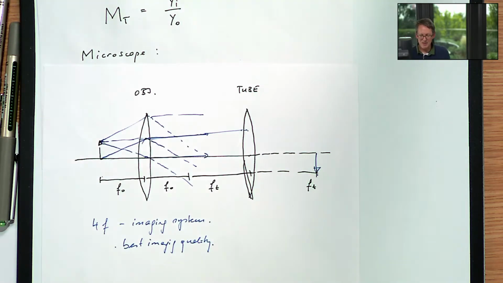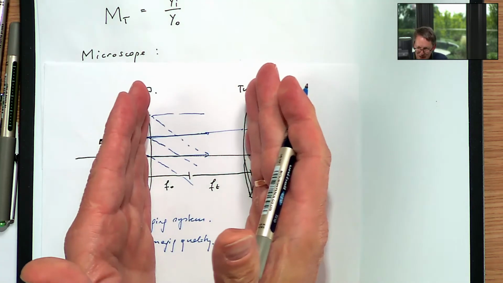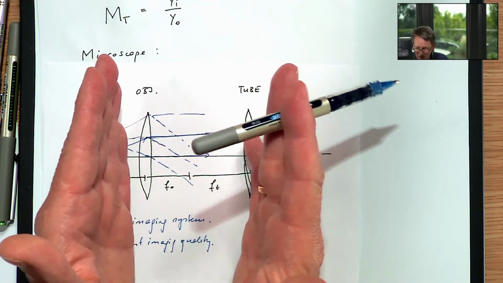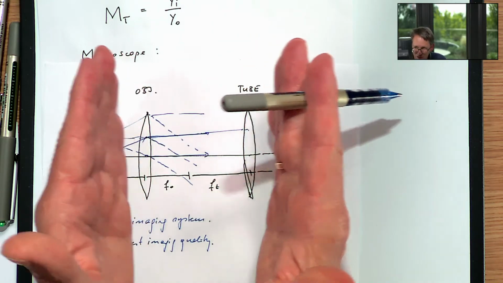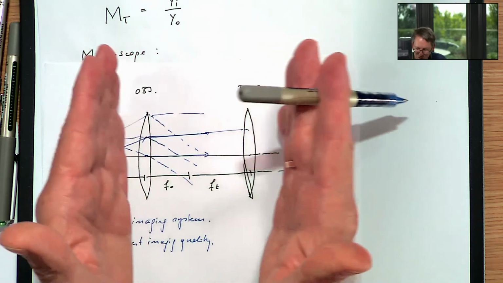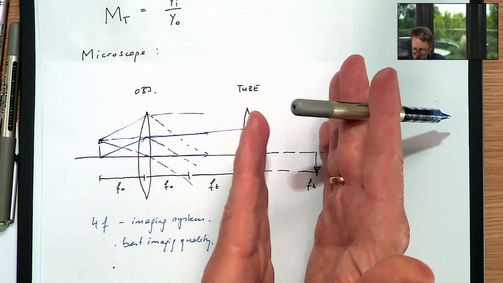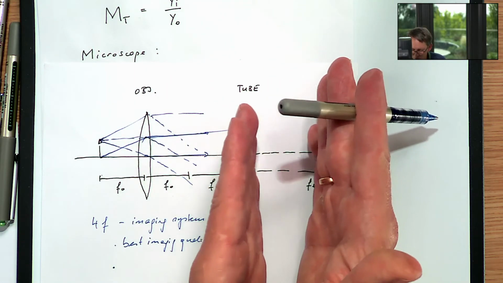And it has another nice feature, which is that this space between these two lenses, because all the light in between is parallel, it's not so critical what the exact distance between these two lenses is. You can actually make it slightly larger. You still get the image position exactly one tube focal length away.